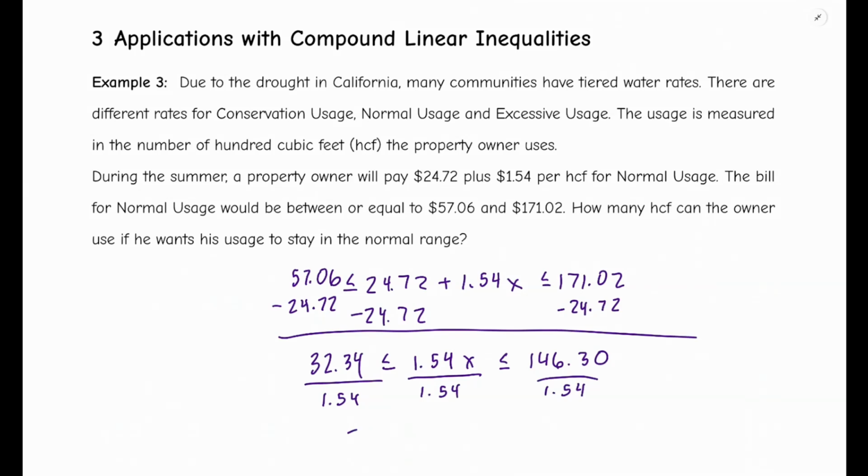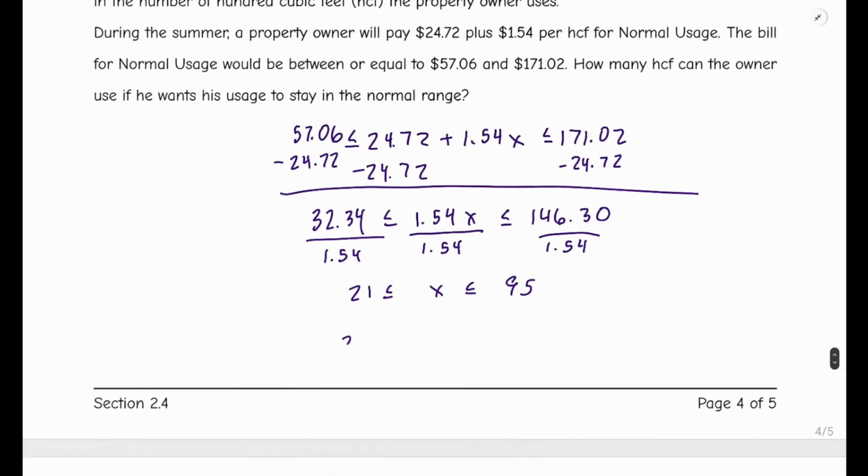And we get 21 is less than or equal to x, which is less than or equal to 95. So they can use between 21 HCF and 95 HCF to stay within the normal range.